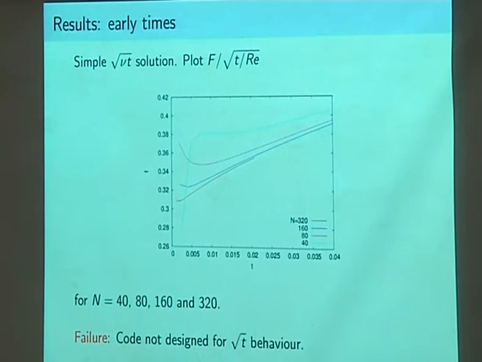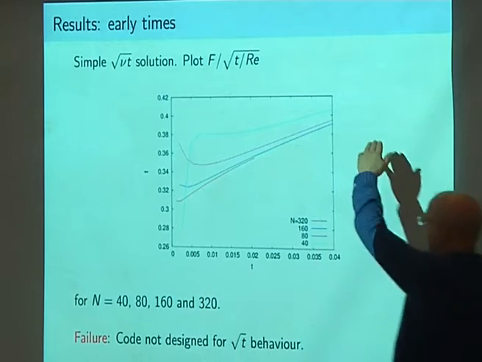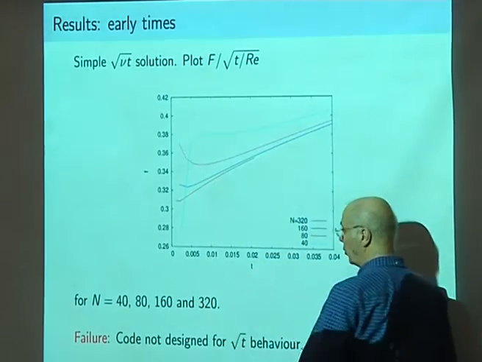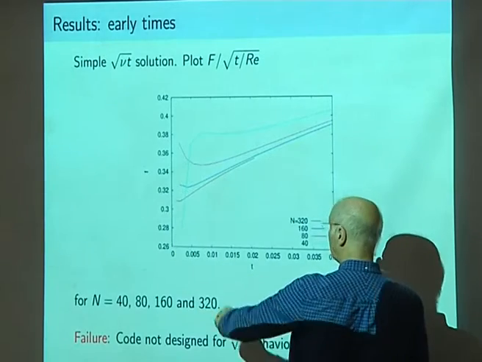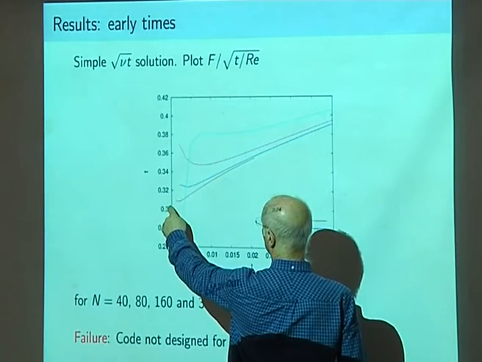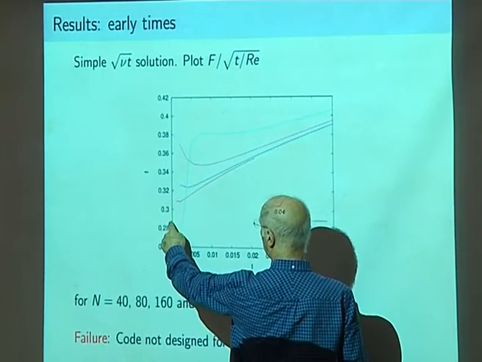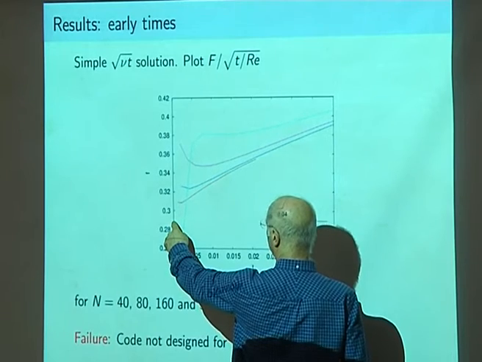And I'm throwing out 320 points, this is an hour's calculation or something, to find out how the force is varying in time. It is behaving like 1 upon the square root of time, so I'm multiplying by the square root of time, and you see it's supposed to go to a value here of, I think, 2.83 or something like that.